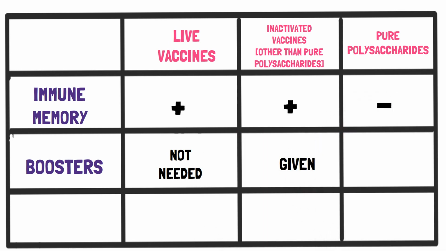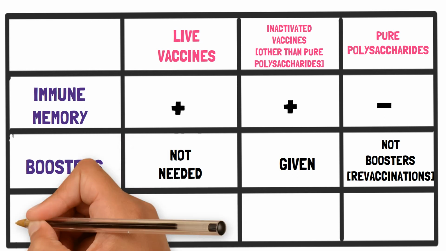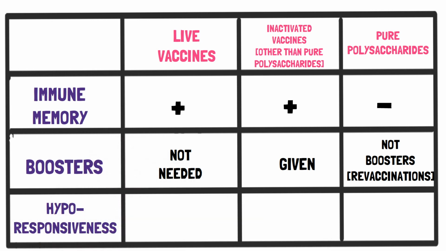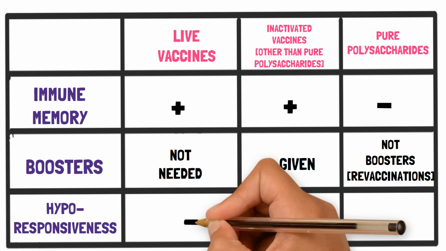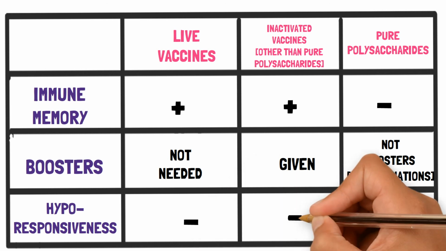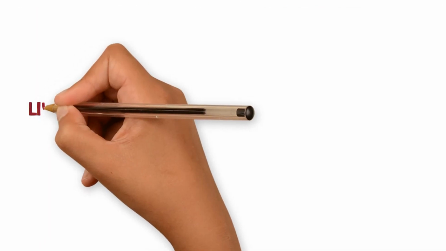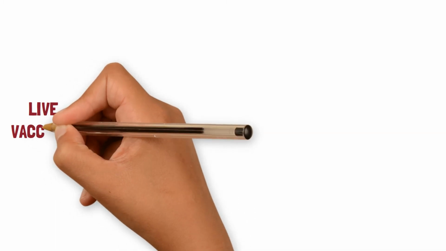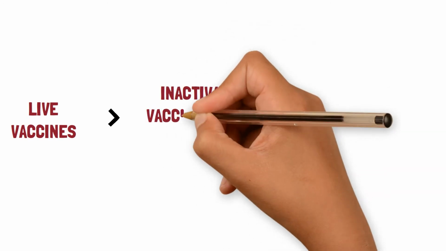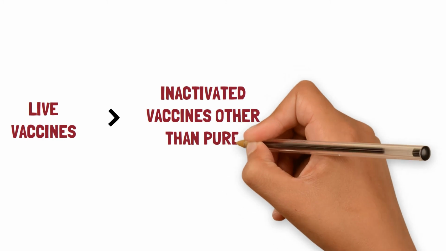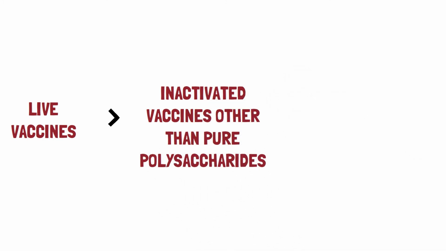But in pure polysaccharide vaccines, they are not boosters but only revaccinations. Hyporesponsiveness is not there in live vaccines or other inactivated vaccines, but it's there in some pure polysaccharide vaccines. So, generally speaking, live vaccines, with the exceptions of BCG and oral polio vaccines, are considered superior to inactivated vaccines other than pure polysaccharides, which are in turn superior to pure polysaccharide vaccines.